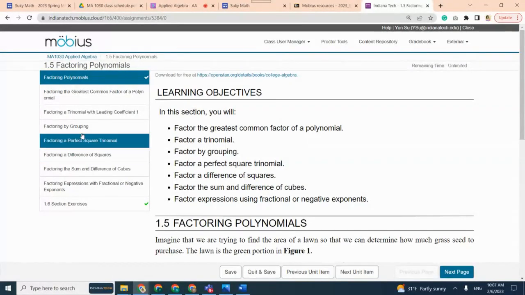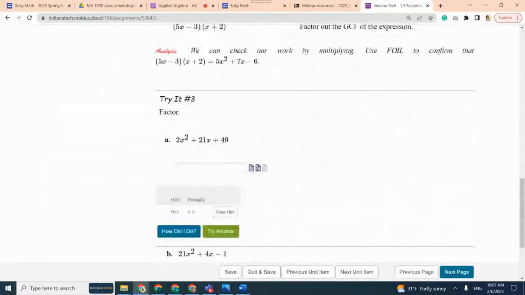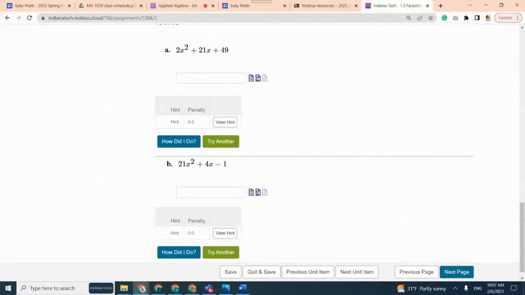So for factor by grouping, you can see here are the extra exercises. Write down the answer, and then you can click how did I do, then you know whether you're doing right or wrong right away. And then you click try another one, it will generate a new problem for you.